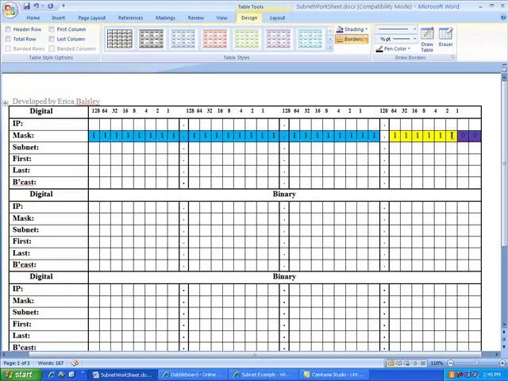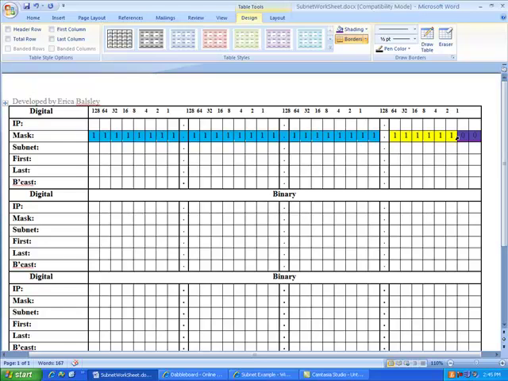The next one, dot 7, would be the broadcast, and then we would go on to the next network.